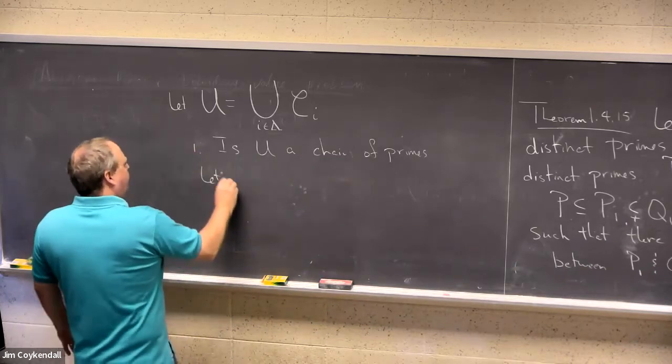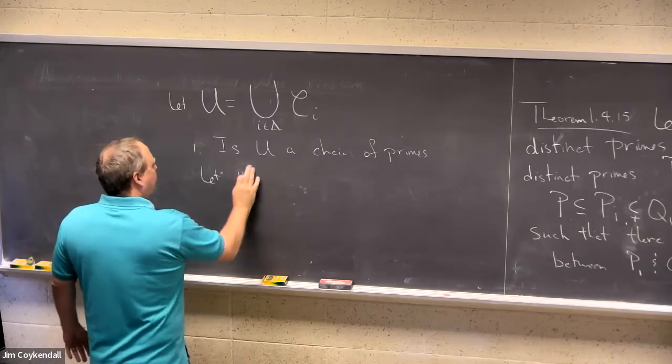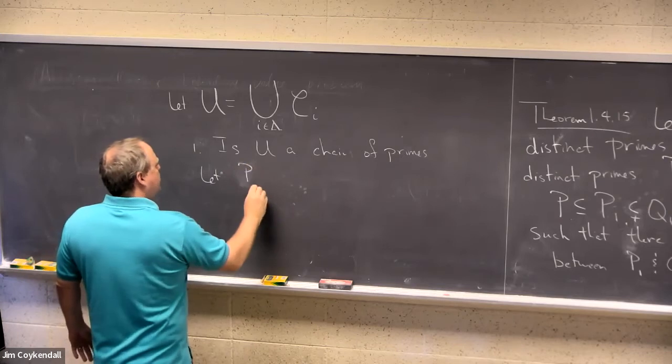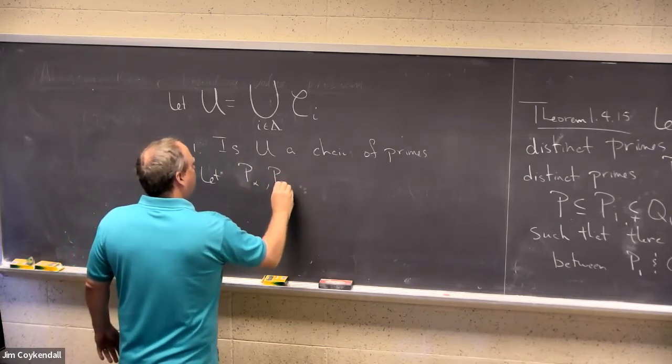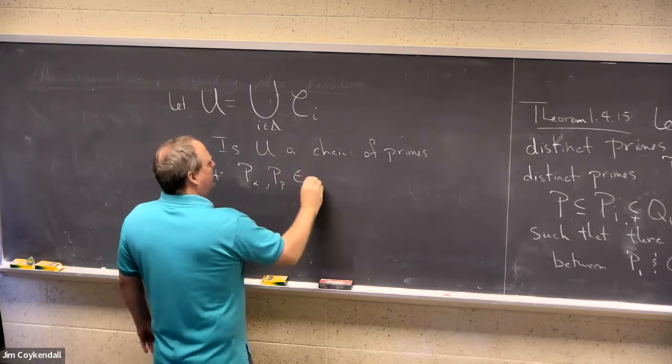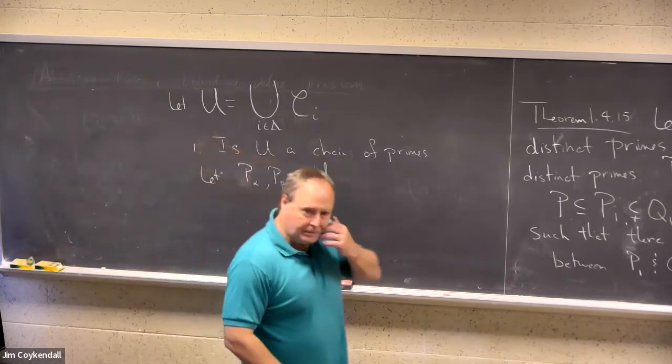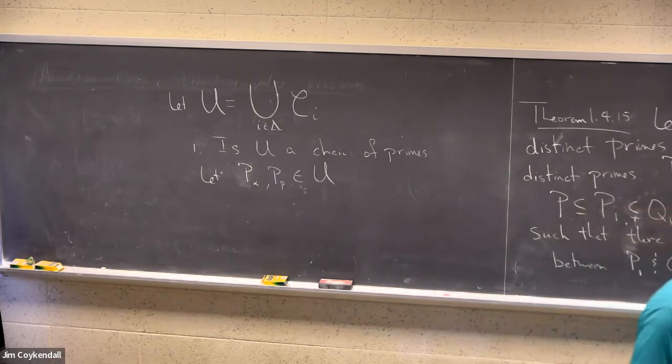Let's say P alpha and P beta are in U. What does that mean? U is a union. I love unions. That means that P alpha and P beta both live in some one of these C's.